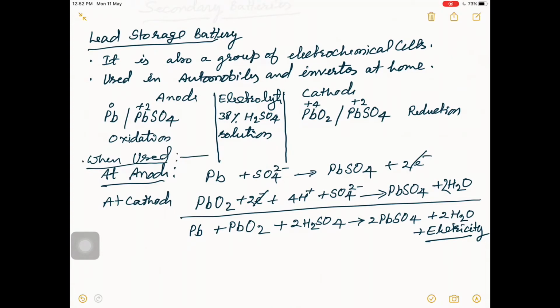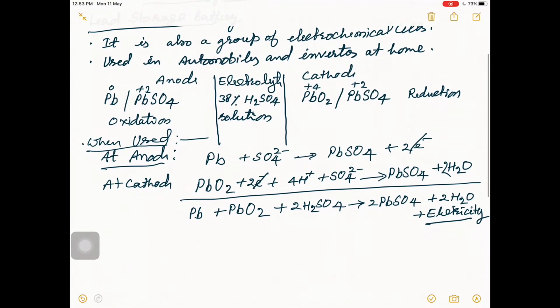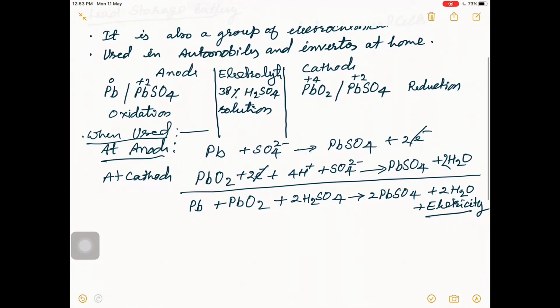Lead will oxidize into lead sulfate, and the lead dioxide cathode will reduce into lead sulfate. Both electrodes will change into lead sulfate. And this is a rechargeable battery. So when this is recharged, what will be the reaction? Reactions will reverse.